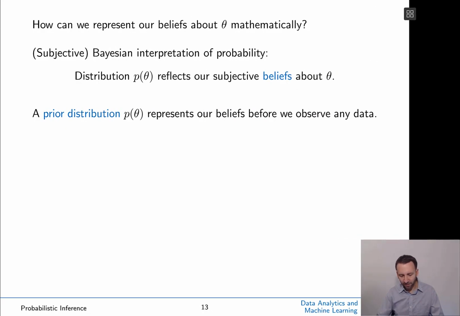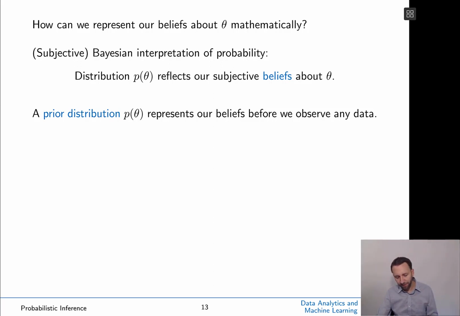Okay, so let's look at this. The question was, how can we represent our prior beliefs mathematically in such a probabilistic framework? The core idea of this Bayesian interpretation, which is quite subjective, is that we represent our prior beliefs by a so-called prior distribution.